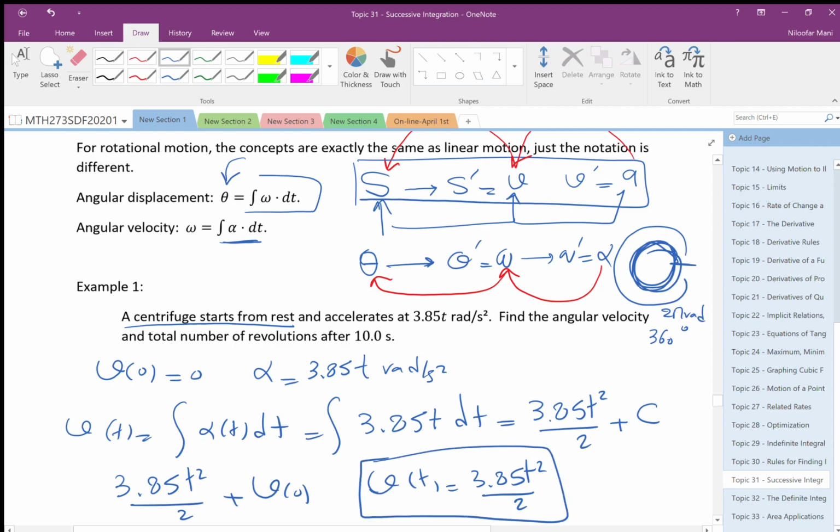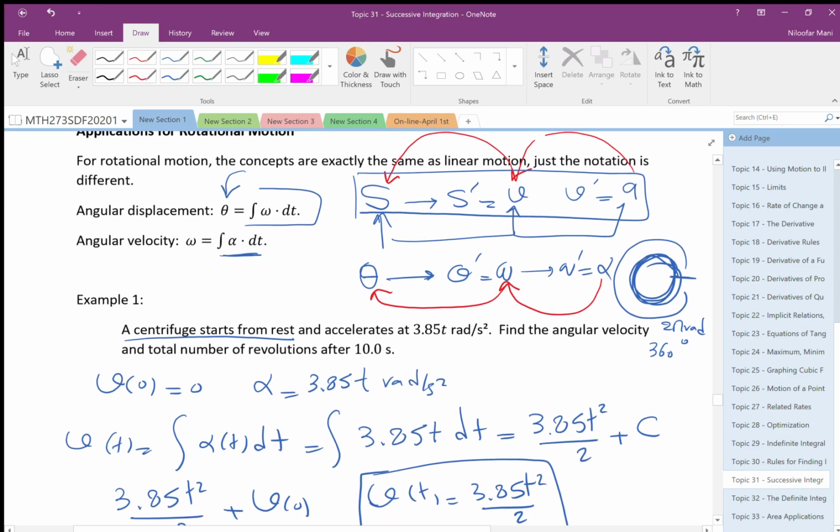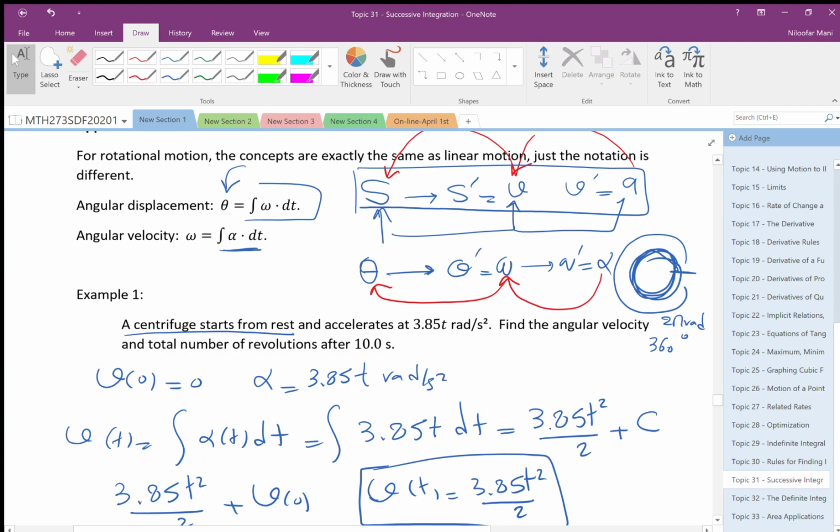I can just look at the lesson, the same as linear. I want to repeat: if I have displacement, I do the derivative, I go to velocity. If I have velocity, I do the derivative, I go to acceleration. I can do the opposite. The integral of acceleration is v, the integral of v is s. The same here.